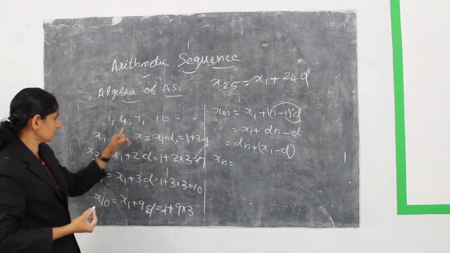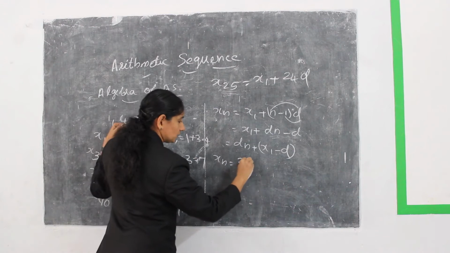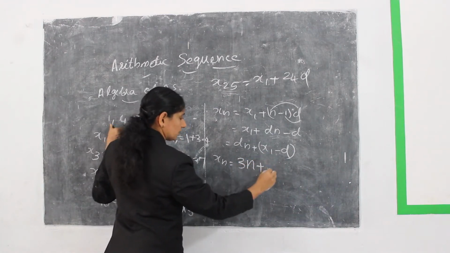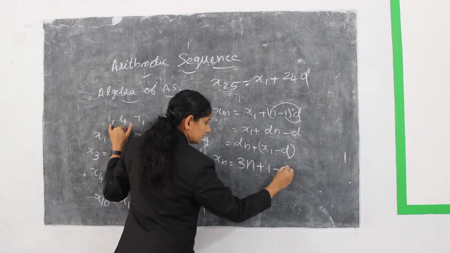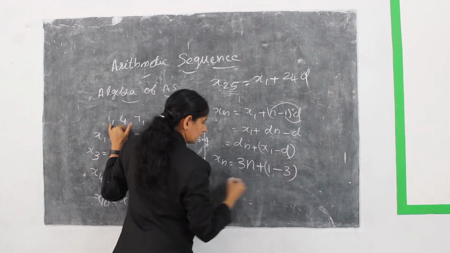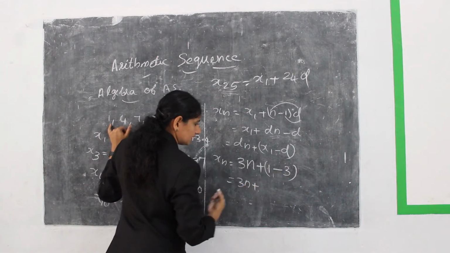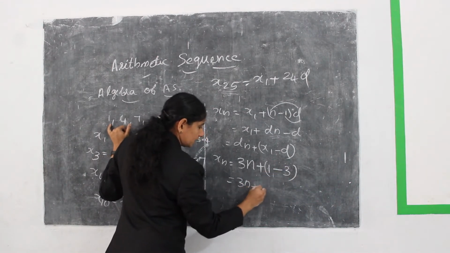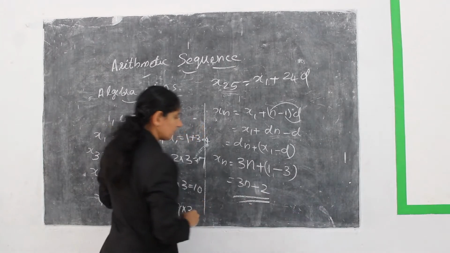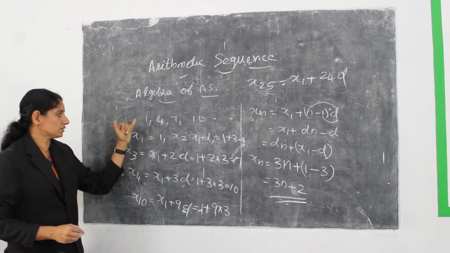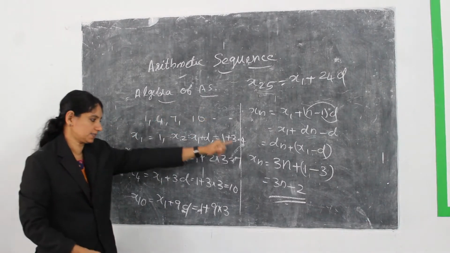What is our d here? 3, so 3n plus, what is x1? x1 is 1, 1 minus d is 3, is equal to 3n plus 1 minus 3 is minus 2, 3n minus 2. 3n minus 2 is the algebra of this arithmetic sequence 1, 4, 7, 10, etc.